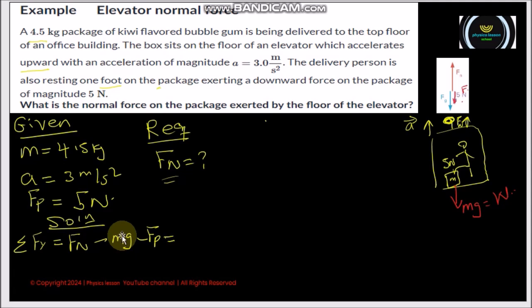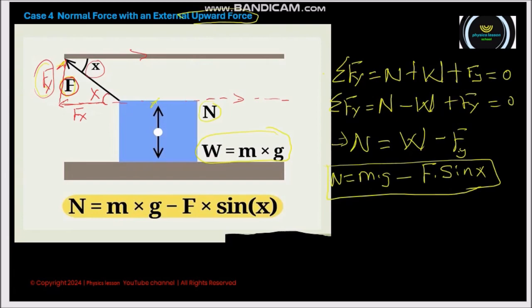In this case, we are not going to make it 0, because the object accelerates upward. That means mass times acceleration. In the previous examples, the summation of the net force was 0, because it's at rest.